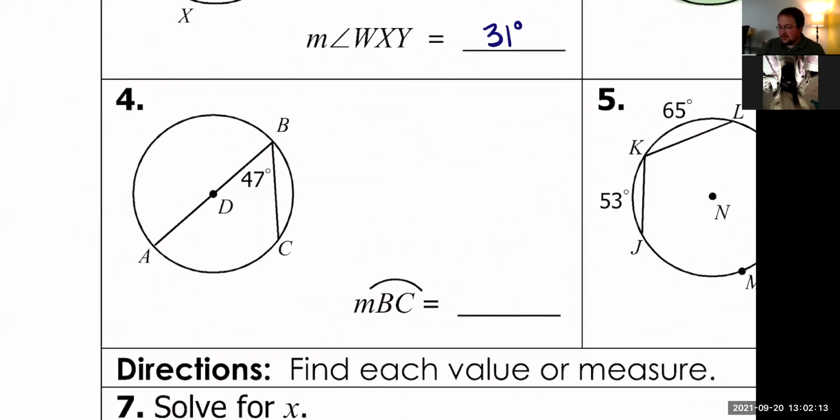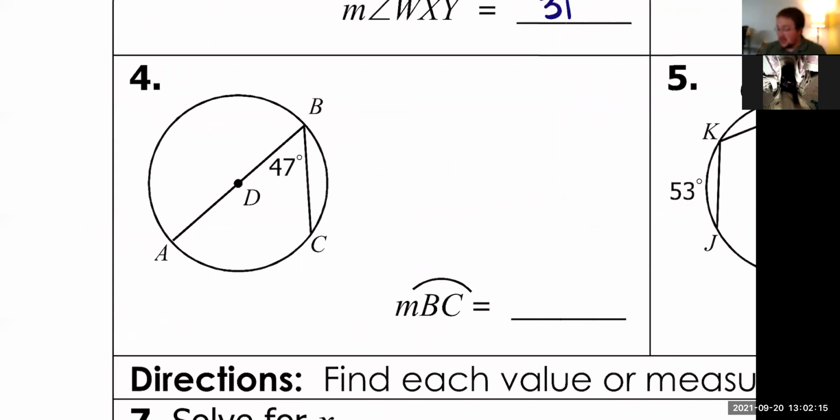This next one is really pushing us to see what we know. We are looking for arc BC, which is right here. Unfortunately, our inscribed angle, ABC, is intercepting arc AC.